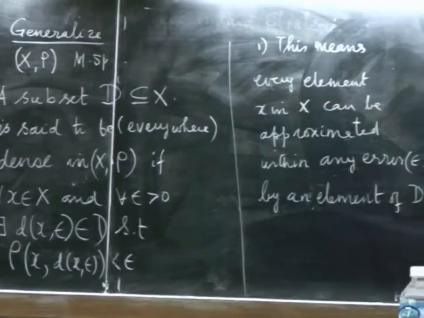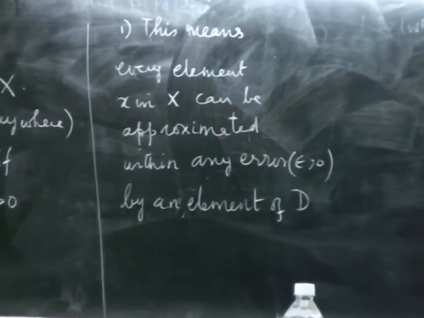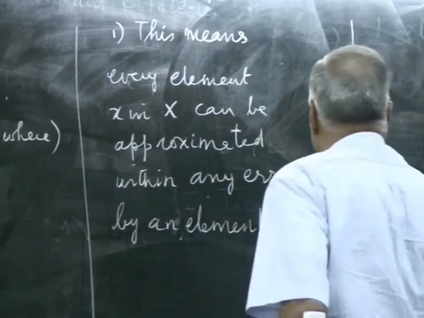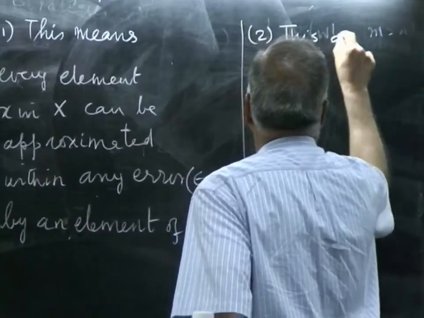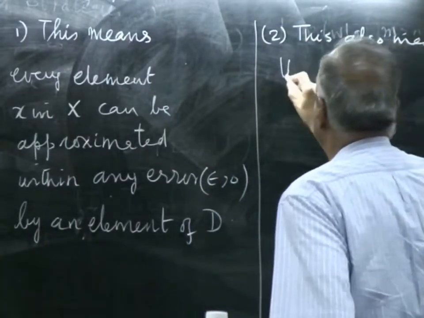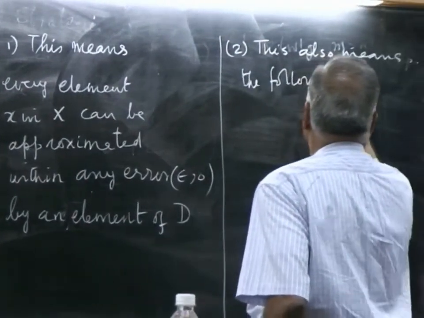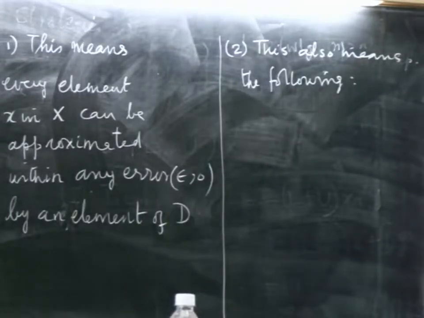In words we should understand what this means. Mathematically we will write like this. Let us also write it in a different format. This also means the following. I write it in various terms, and in each interpretation we will use some time.